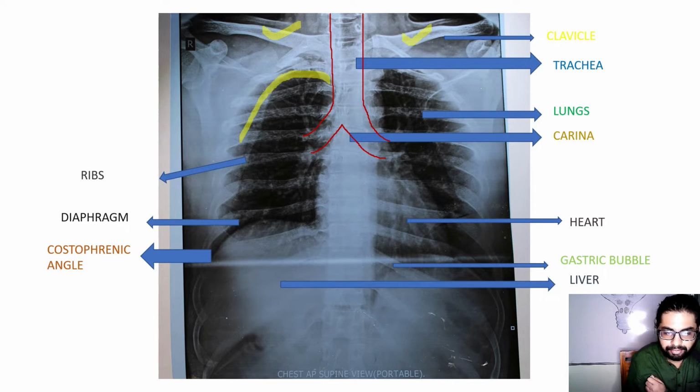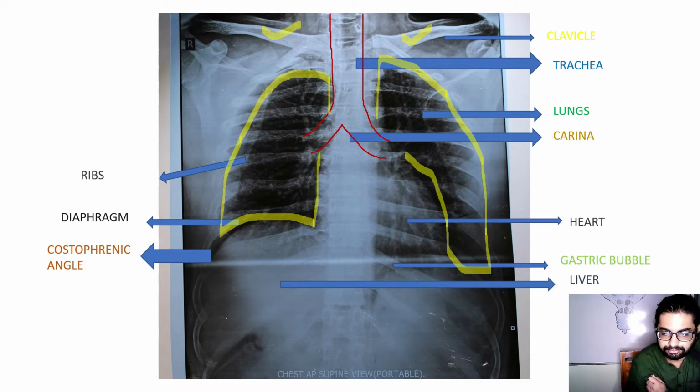These fields, which are black in color in X-ray, are called lungs. This is right lung, this is left lung. Right lung has 3 lobes, left lung 2 lobes.